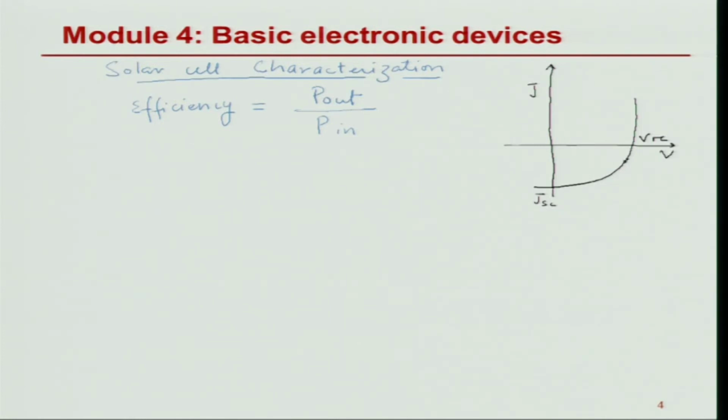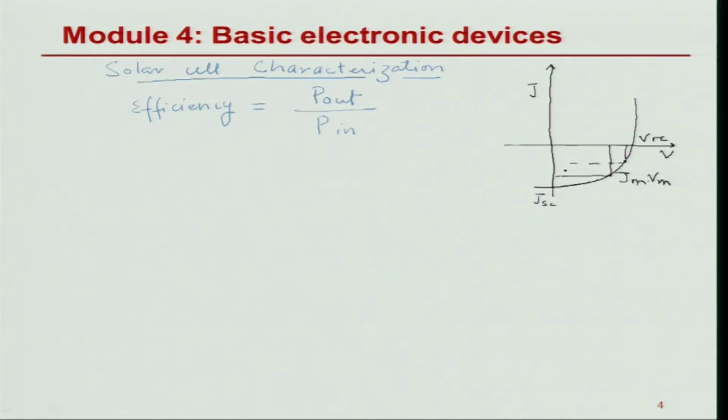I can have any value of J corresponding to which I will have a value of V. So at any point that would be the power. But in order to make one definite value, what I like to do is calculate a point at which I have maximum value of J multiplied by V. So I maximize the JV product, and that point is the maximum power that I can take.